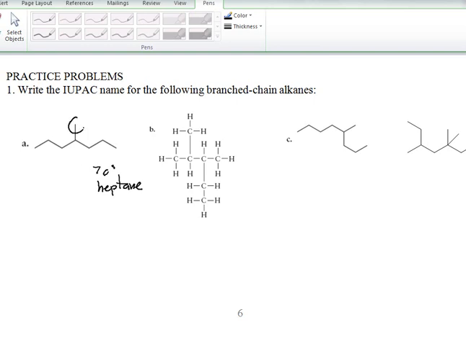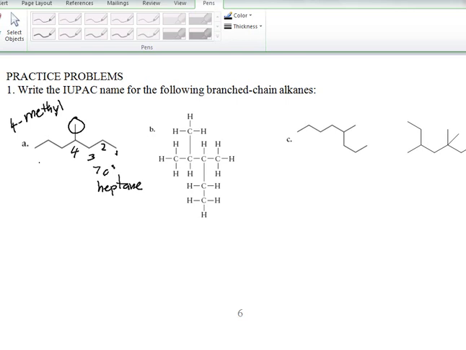Here we have a substituent. It's 1 carbon, so it would be a methyl substituent. Now we need to identify, I like to call it, the address of that substituent. We start at the end of the molecule nearest the substituent. I think that they're both equal. In this case, 1, 2, 3, 4. We can call that a 4-methyl group.